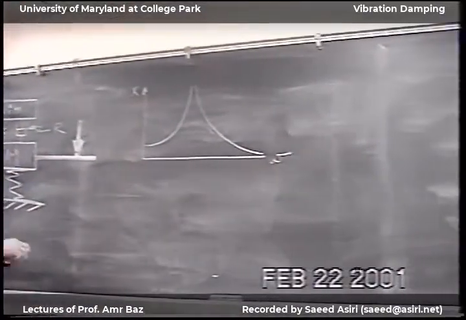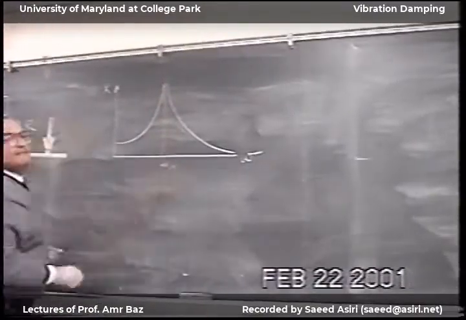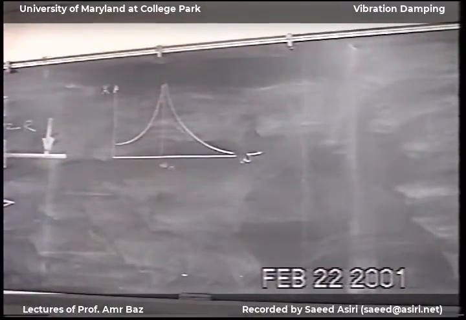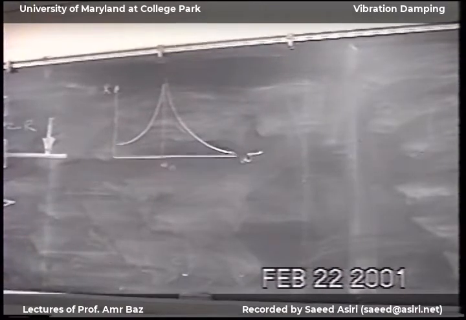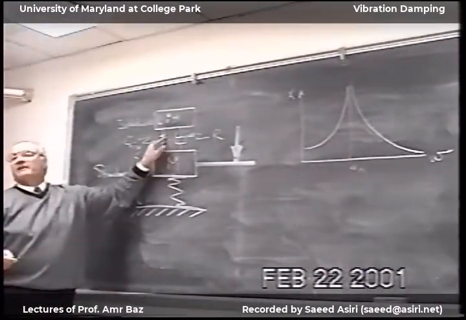And it will have resonance at some resonant frequency. Now I want to attenuate this vibration. So I come and add mechanically, that's what we did in the first class of vibration, mass, damper, and a spring.